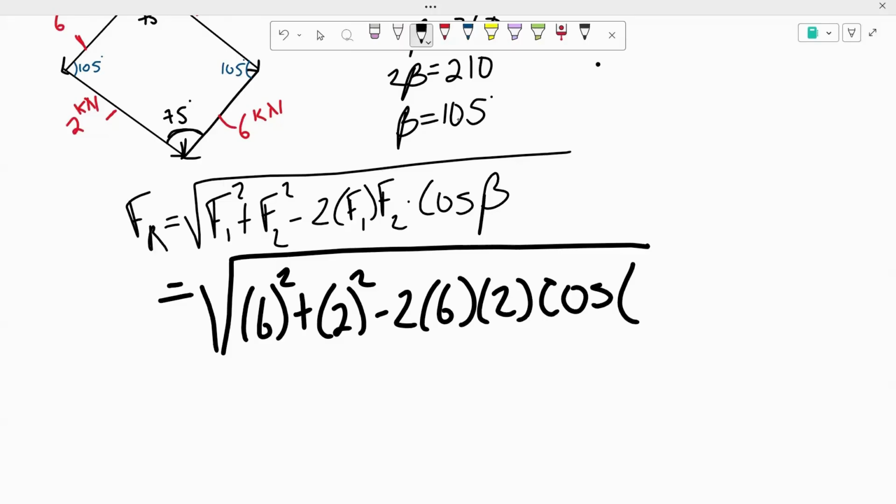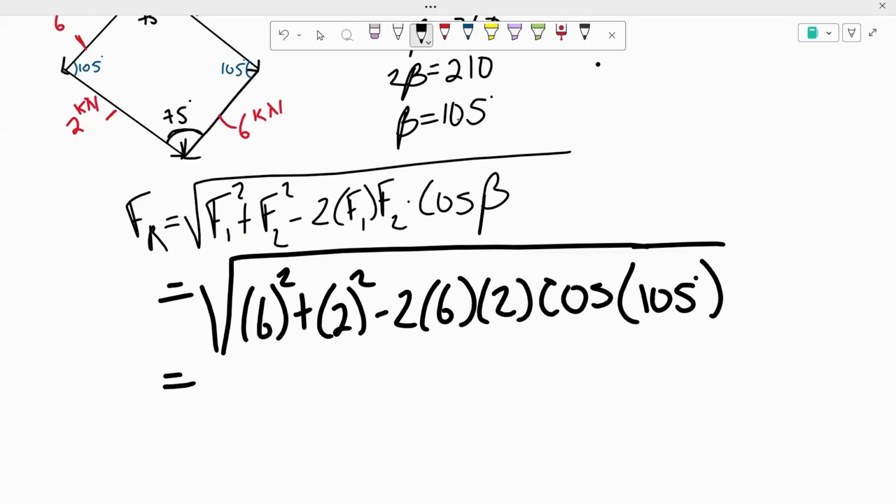And we said that beta was 105, so 105 degrees. Now all we have to do is input that into our calculator. One key thing to remember is that when we're inputting this into our calculator, we want our calculator to be in degrees and not in radians, because if put in radians, it's going to give you a different answer.